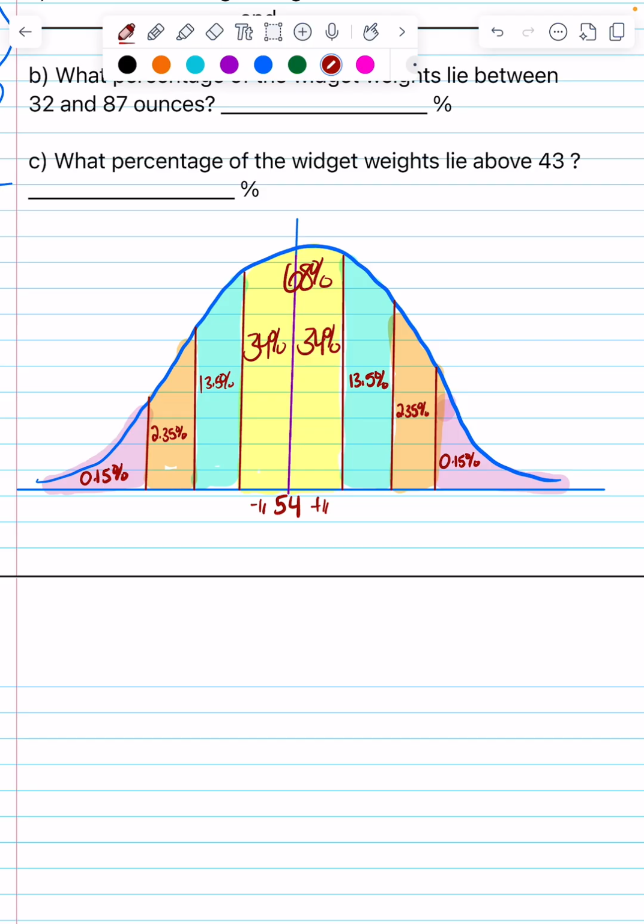So 54 plus 11 is 65, plus another 11 is 76, and then 87. So just 3 numbers labeled on each side. Minus 11 is 43, then 32, then 21.